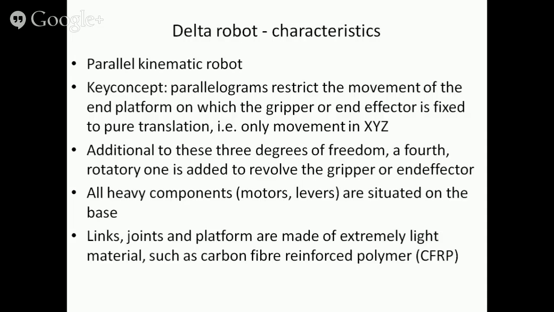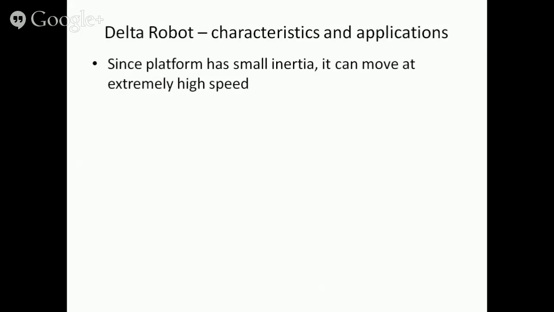And links, joints, and platform are made of extremely light material, such as carbon fiber reinforced polymer, CFRP. Since this platform, because of these reasons, has a small inertia, it can move at extremely high speed and extremely high acceleration, up to 12 g.